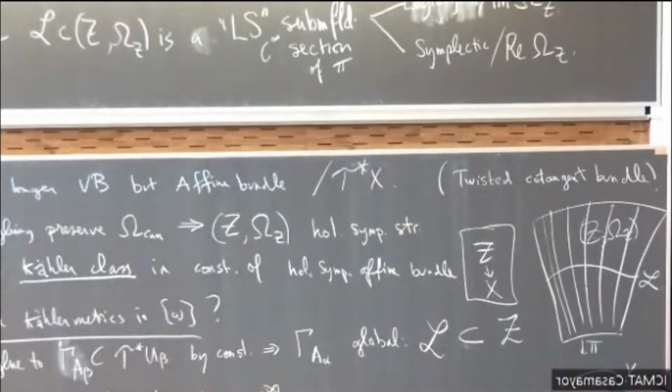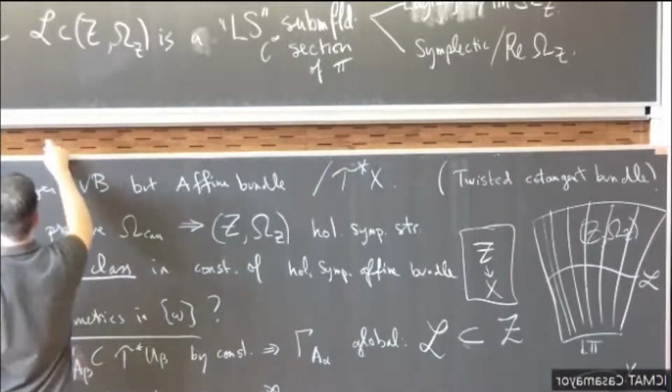And so you have this very beautiful picture that the Kähler metric is just this Lagrangian inside this twisted cotangent bundle. And if you move that Lagrangian around, you're changing the Kähler metric in the class.